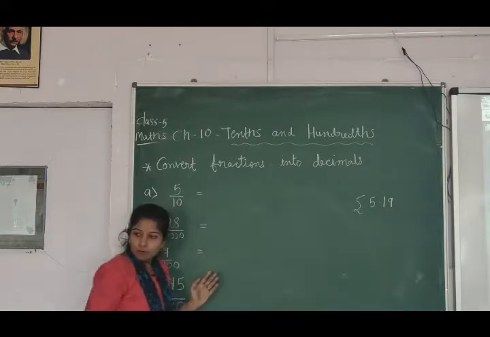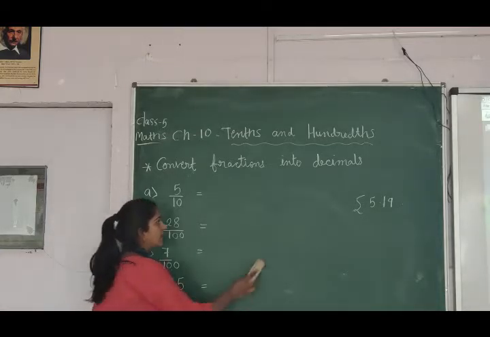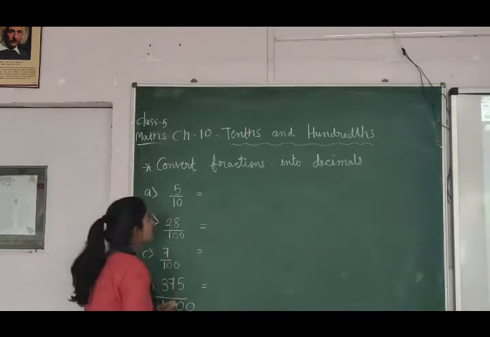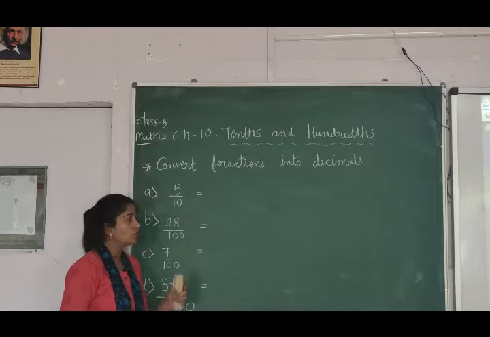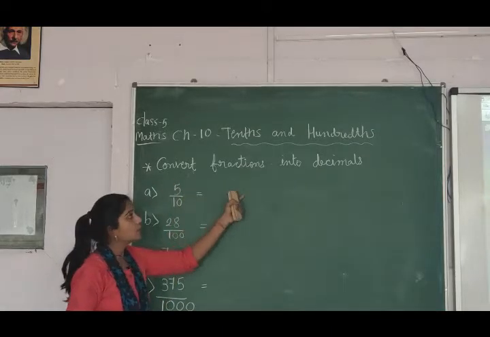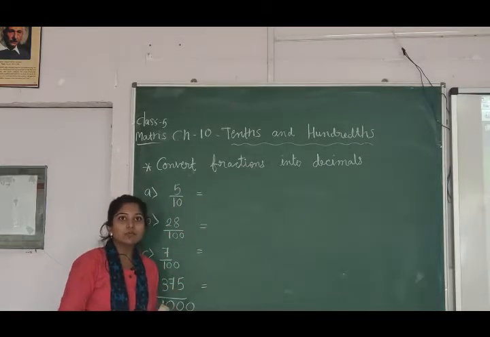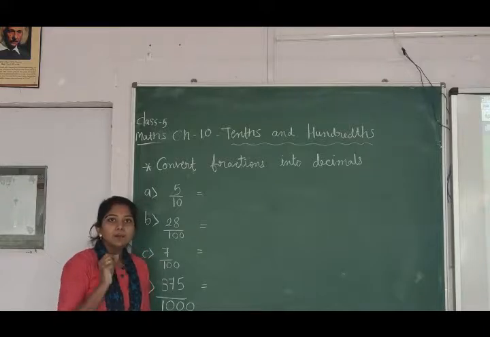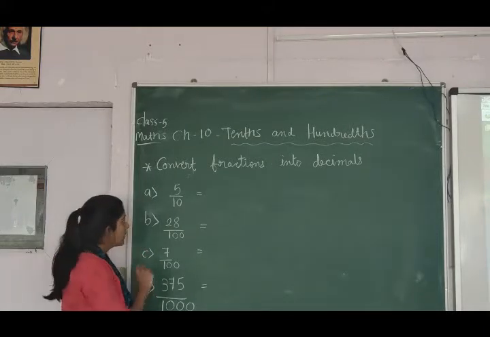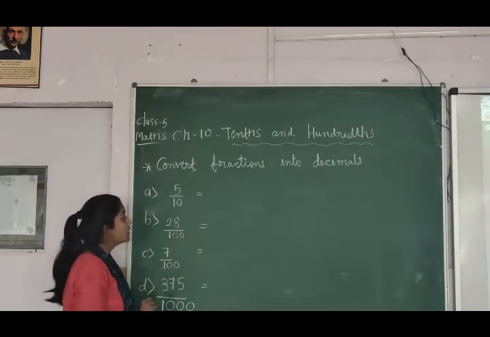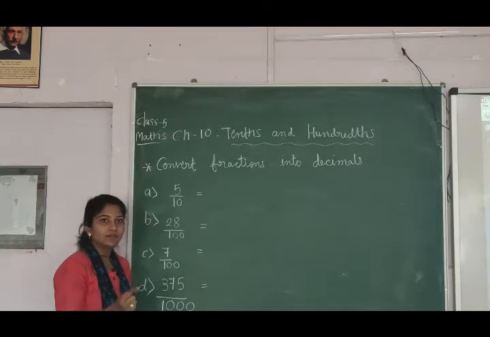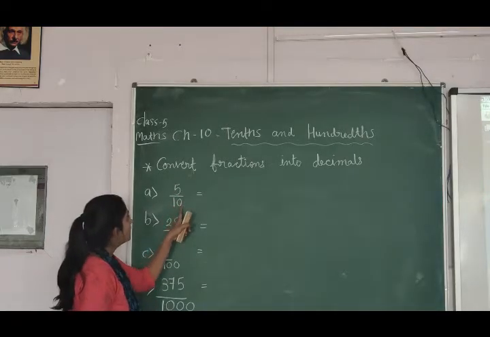So for this particular exercise, you have to convert fractions into decimals. Now you know what decimals are? A point representation, that small point or dot. So 5 upon 10.